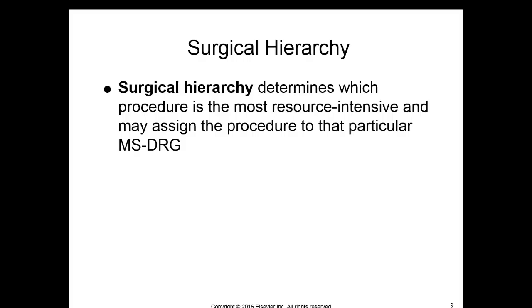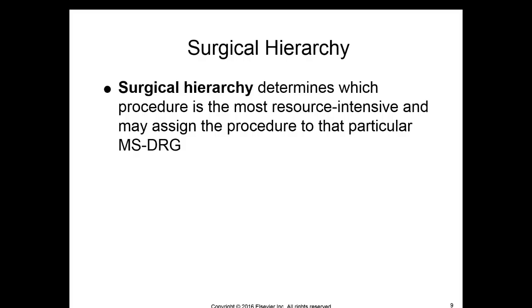The surgical hierarchy determines which procedure is the most resource intensive, and then the DRG is assigned based on those procedure codes. The software that does this DRG assigning is called a grouper, and you should have seen it in your 3M tutorial.